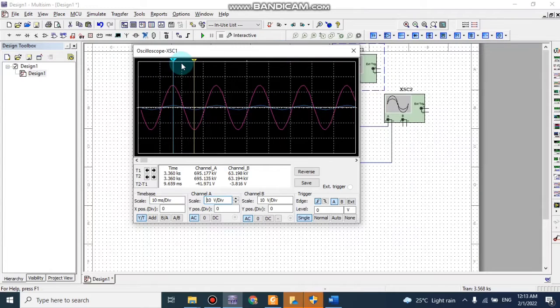Okay, as we can see here, the V peak. As you can see, this is the reading for V peak for channel A, meanwhile on channel B, the V peak is here.